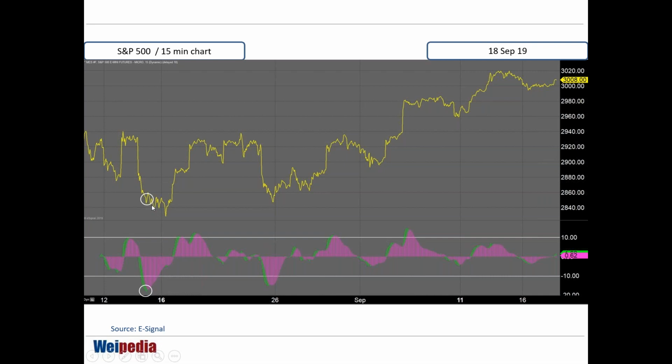After you bought, you put a stop loss below the entry price, and it got stopped out. The market went lower and then bounced up, so you make a loss there. Now the next one: when an indicator is traveling near +10 and crosses down, you say, well, there's a selling indication right now.